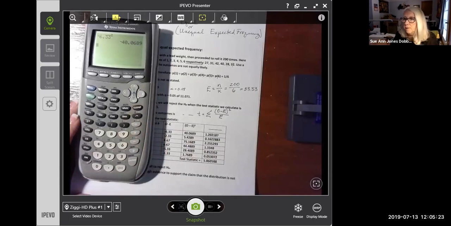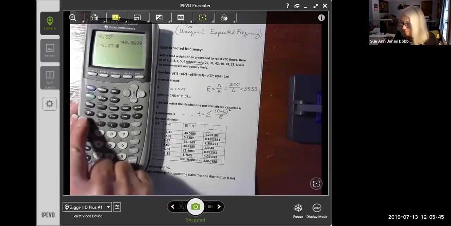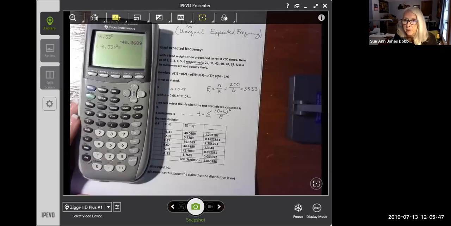Your calculator is an educated 2-year-old, okay? When you have an exponent, it only applies to the thing directly to its left. The thing that is to the left of this 2 is the number 6.33. If you want it to be negative 6.33, you have to put the negative 6.33 in parentheses. Now you're going to get the right answer.